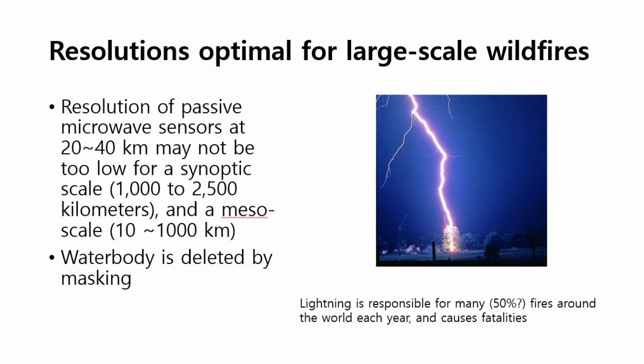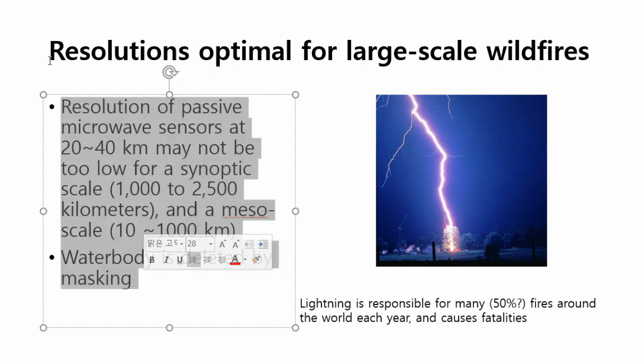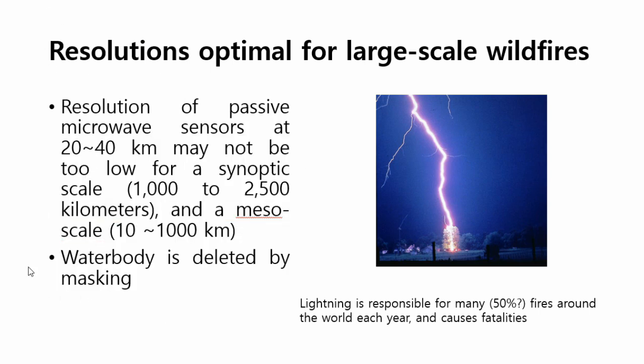And then there's some critique: water bodies may be included. That is true. If the water body is included in the mixed pixel, there will be overestimations in soil or vegetation moisture.